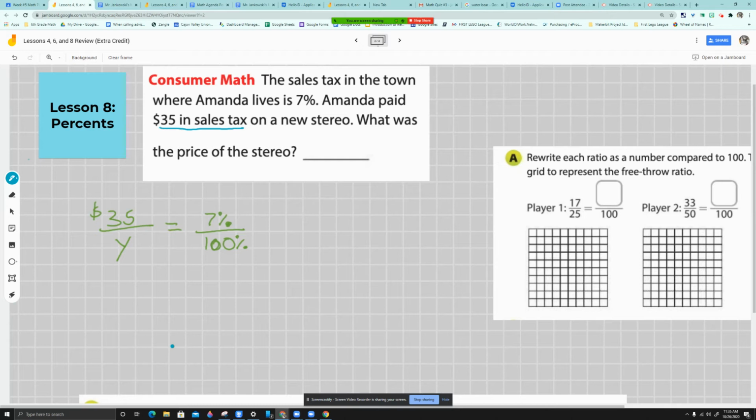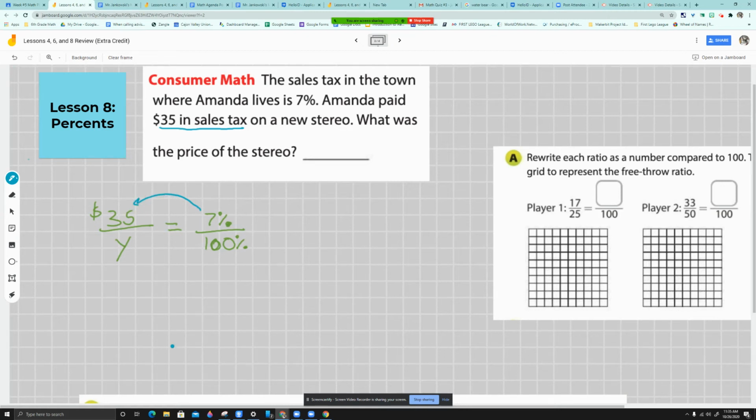So we're writing this as equivalent ratios or percents here. $35 equals 7% out of 100. What does that equal? Then what is the full amount of the stereo cost? That would be 100%, so the cost of the stereo would be Y. So how do I turn a 35 into a 7? Or rather, since I need to go the other way, how do I turn a 7 into a 35?